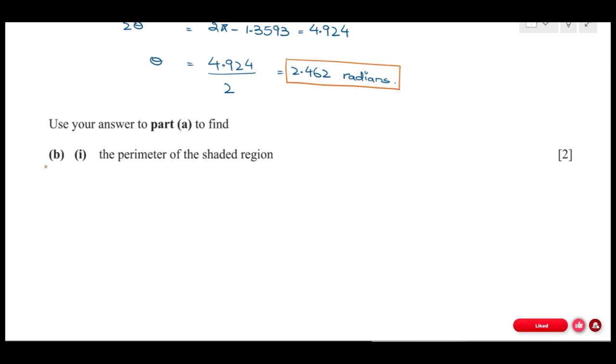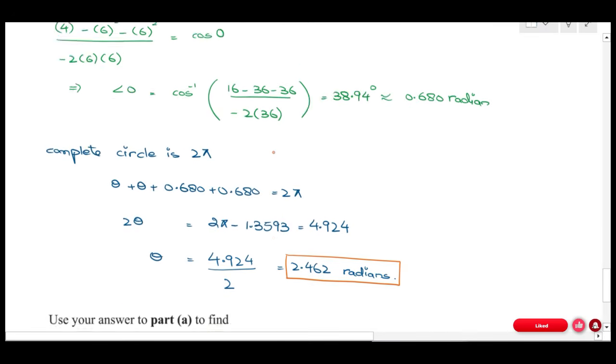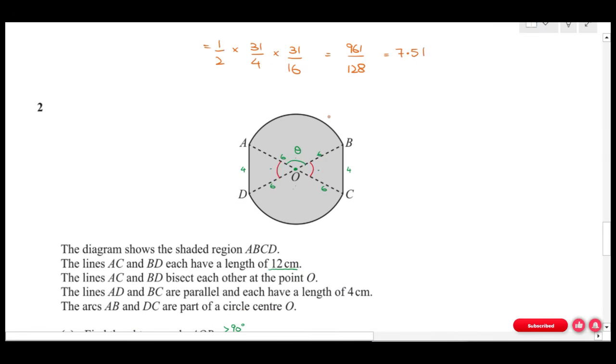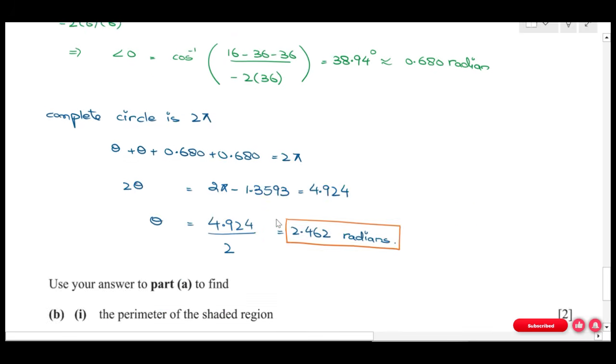To find part B, number 1, the perimeter of the shaded region. So we need to figure out the perimeter of this shaded region. The perimeter means the arc length AB, the arc length CD, and AD and BC, these are the 4, right? So basically we need to figure out the arc lengths.